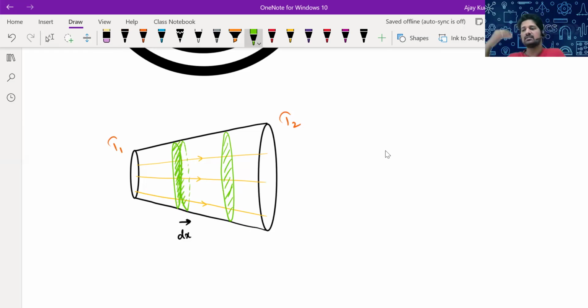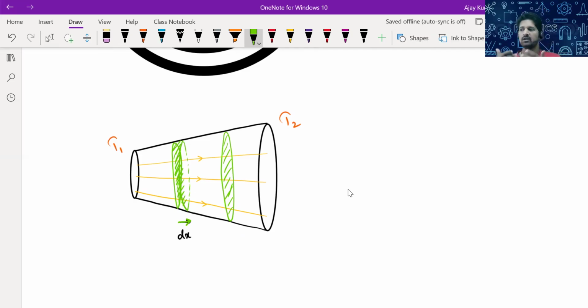Next small distance, slightly bigger area of cross section. Next small distance, another bigger area, and so on. In that small distance also, area of cross section changes slightly. That's fine, but we will ignore the change because it's very, very slight. So that is how we are going to proceed.